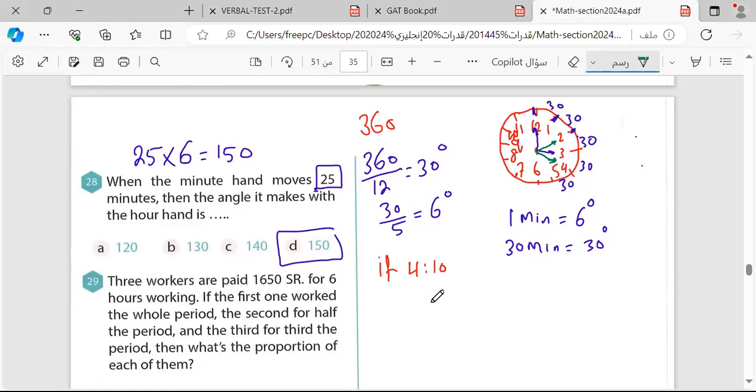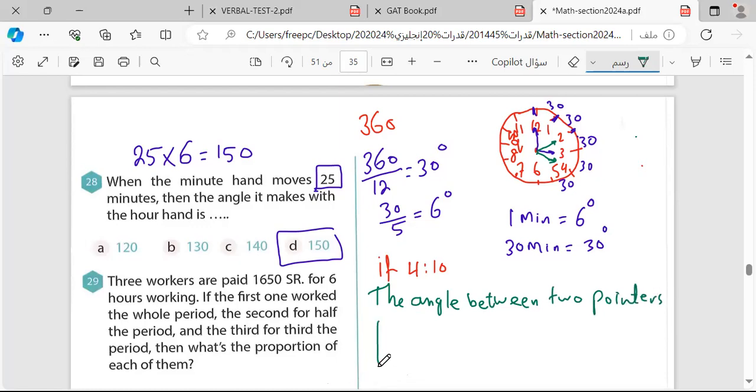Or we also have a formula. Do you want the formula to find the angle between two pointers in the clock?